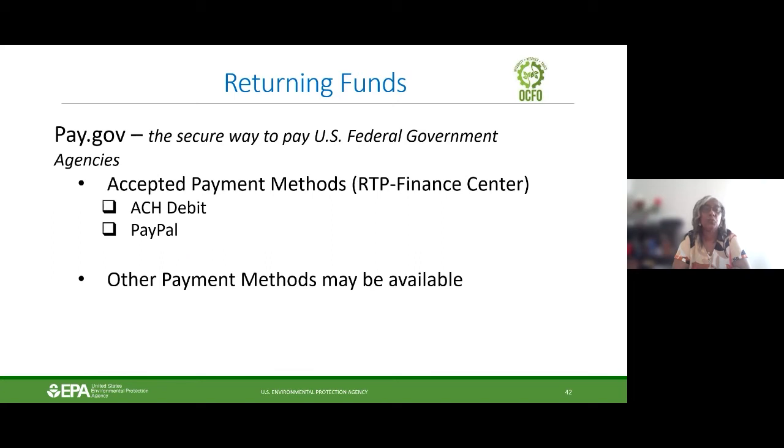Also, you can use PayPal. If you are unable to use those two methods, there are other methods to make payments to the EPA. One of them is FedWire, and there's a couple other ones. But like I said, the preferred method is pay.gov.